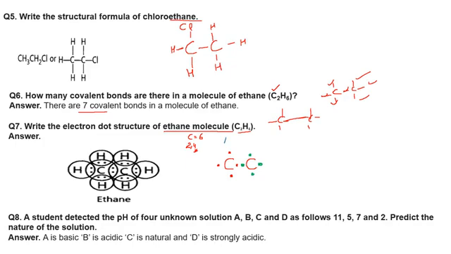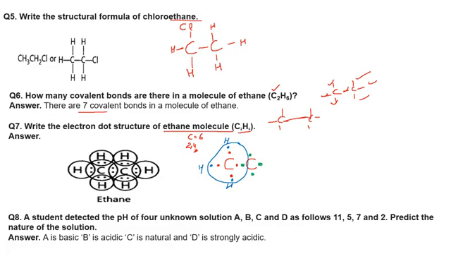Now carbon is forming bonds with hydrogen. Now this carbon wants 8 electrons in its outermost shell. So 1, 2, 3, 4, 5, 6, 7, 8, all 8 electrons this carbon shared.